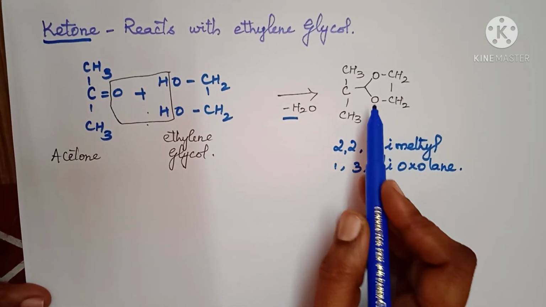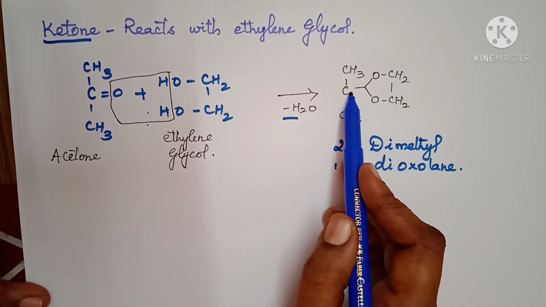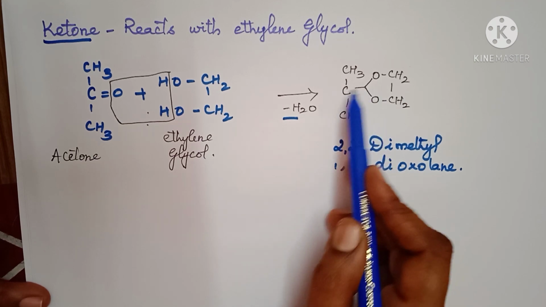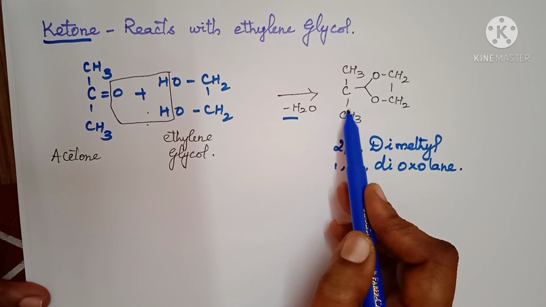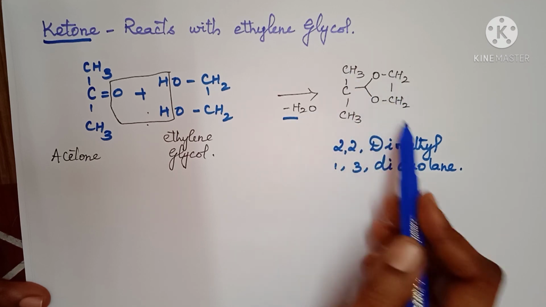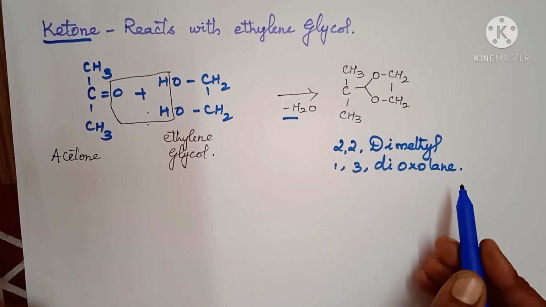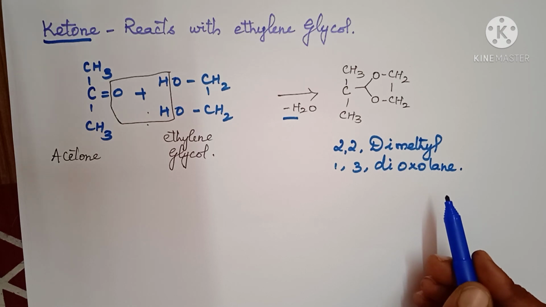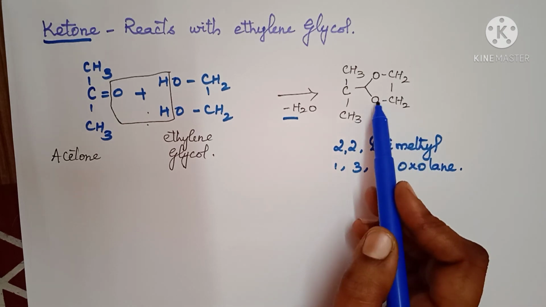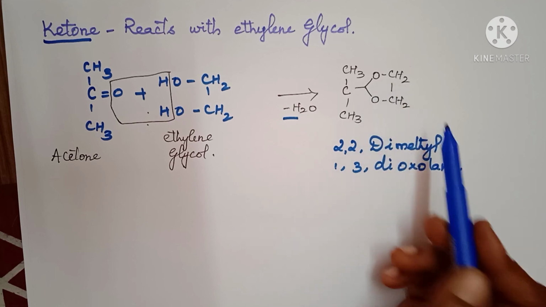Actually, this is a functional group, carbon 1, carbon 2, so 2,2-dimethyl-1,3-dioxolane. This is the way we can name that. The oxy group is there, no? That is why we have written it like that.